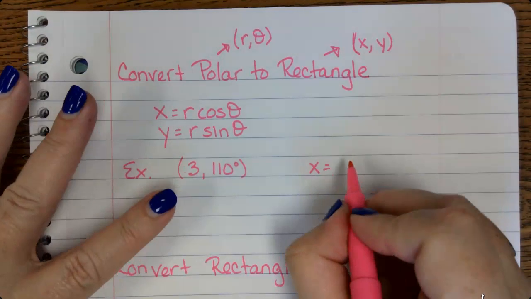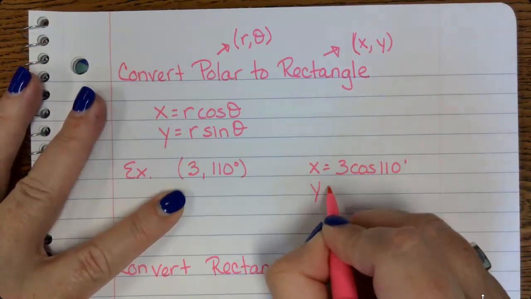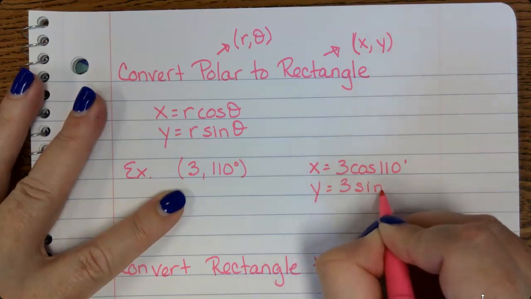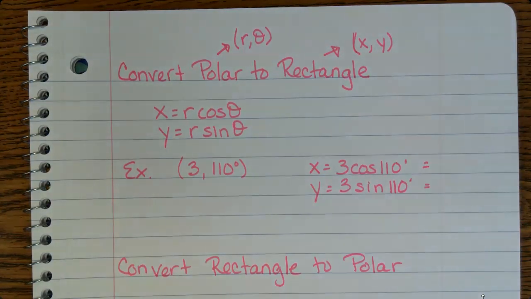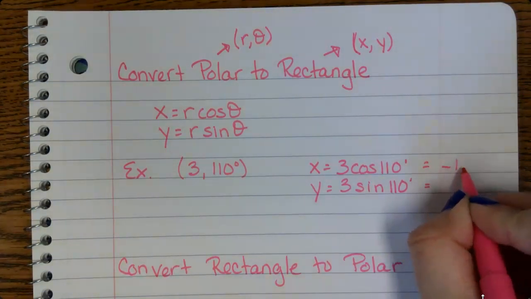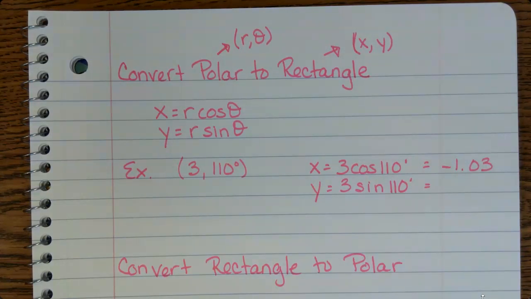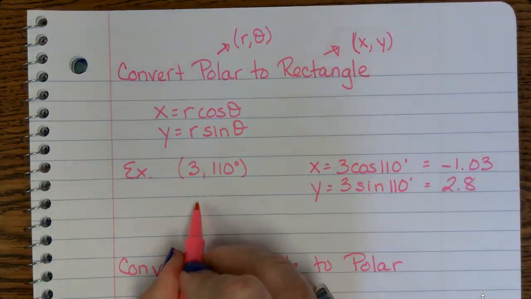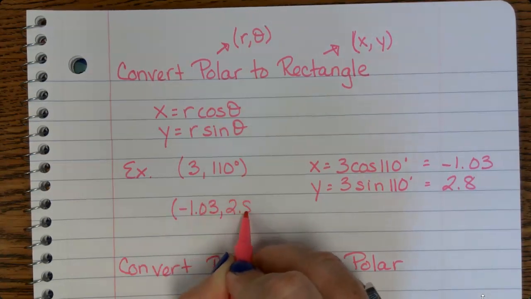You're just going to plug this in as x equals 3 cosine 110, and then y equals 3 sine 110. 3 cosine 110 gives me negative 1.03, and then 3 sine 110 gives me 2.8. So my final answer is just negative 1.03 and 2.8.